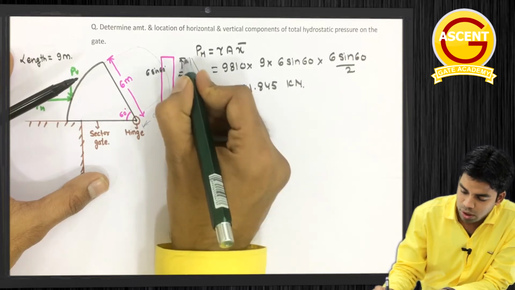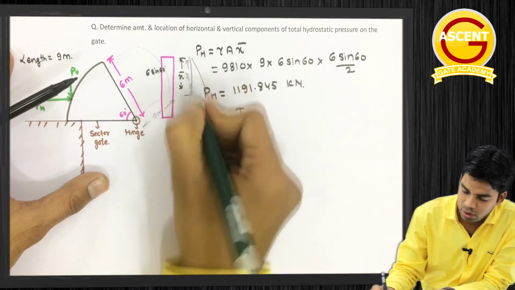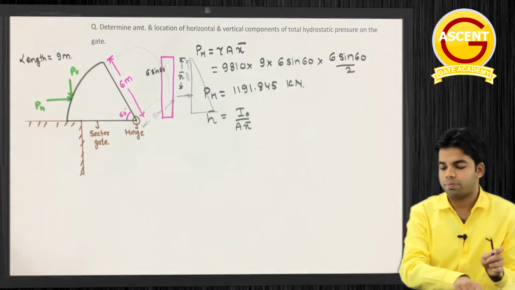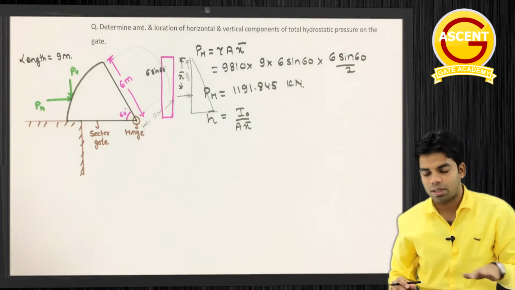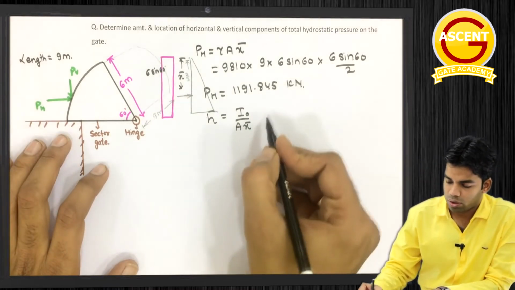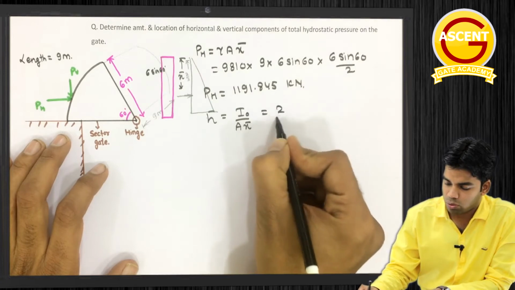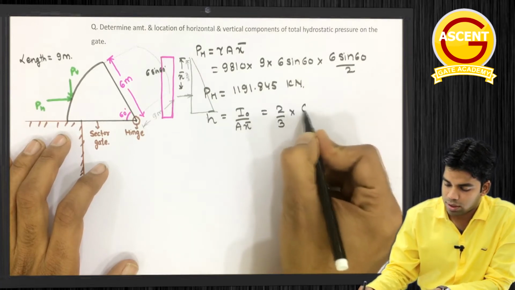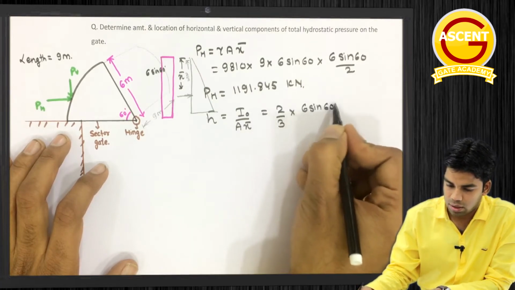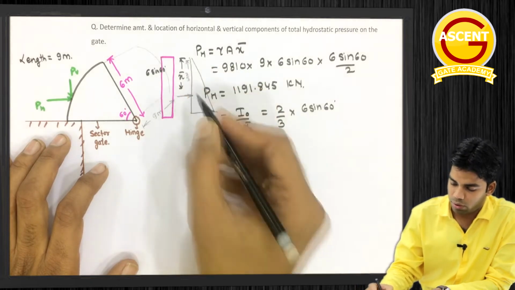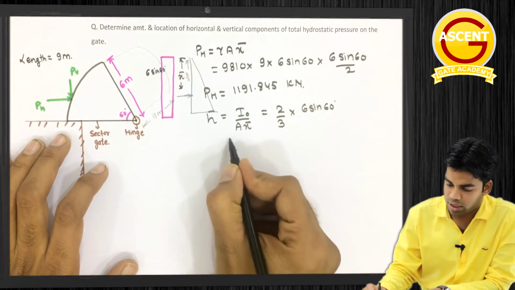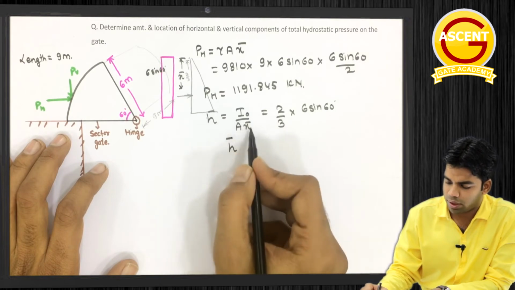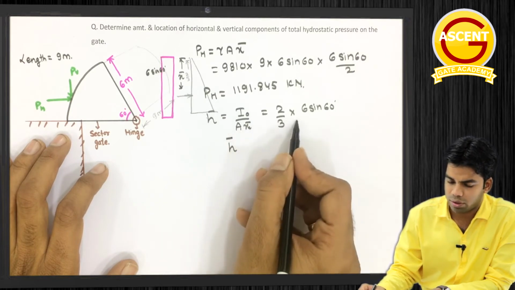So at 2/3 of this distance I will get PH, the center of pressure. This can also be written as 2/3 of 6 sine 60. You can calculate H bar from either way.